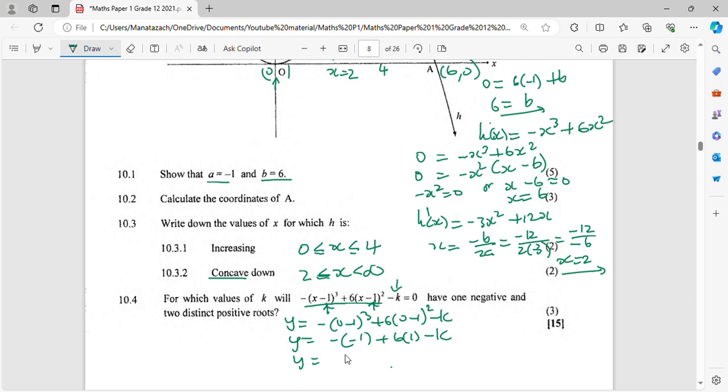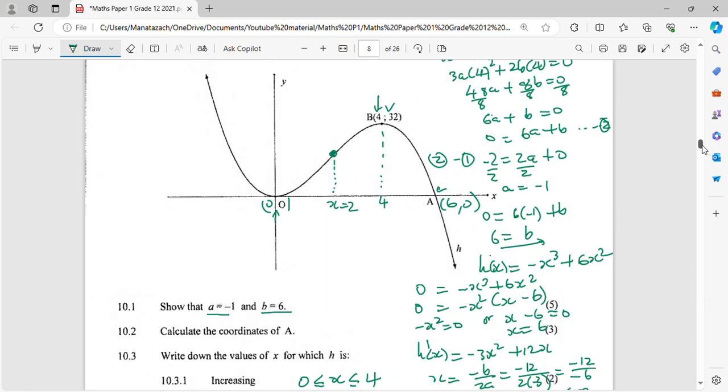So that's really y is equal to 1 plus 6 minus k, which is 7 minus k. That is the y-intercept of this graph. So that means here the y-intercept is over there, 7 minus k. The graph looks something like that. It only shifted to the right by 1 unit. So that will be our new graph there.